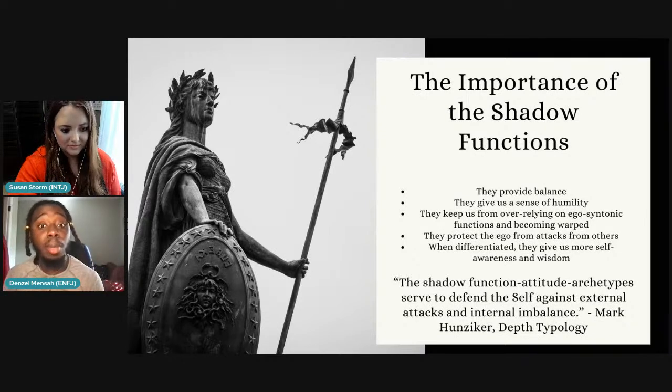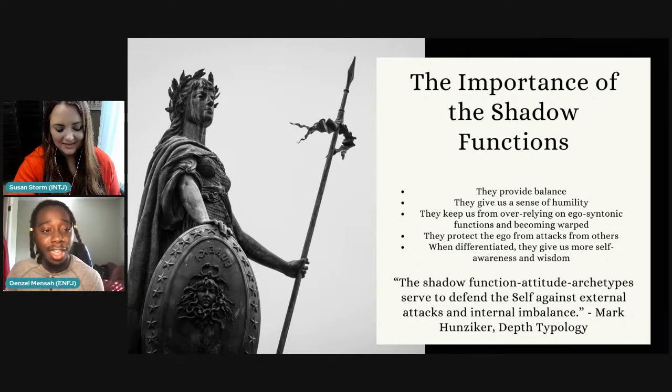And so us talking about the shadow functions, I love that Susan has everything bullet pointed, because these are a lot harder to identify in people at times. And it's very archetypal instead. So a lot of the examples that we might state might be a little bit harder to grasp, simply because, again, it's shadow aspects.